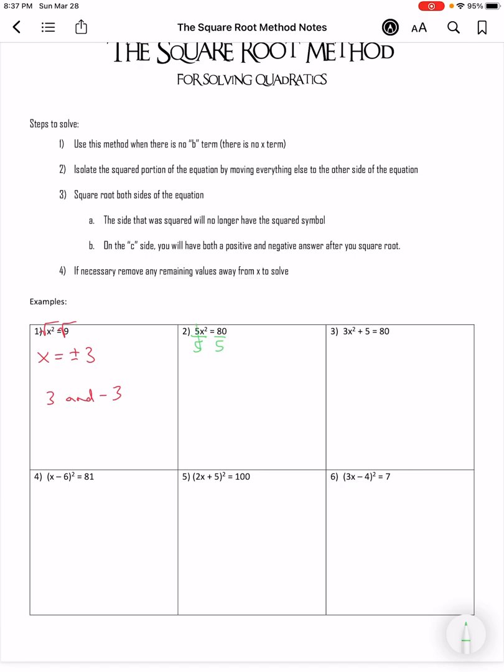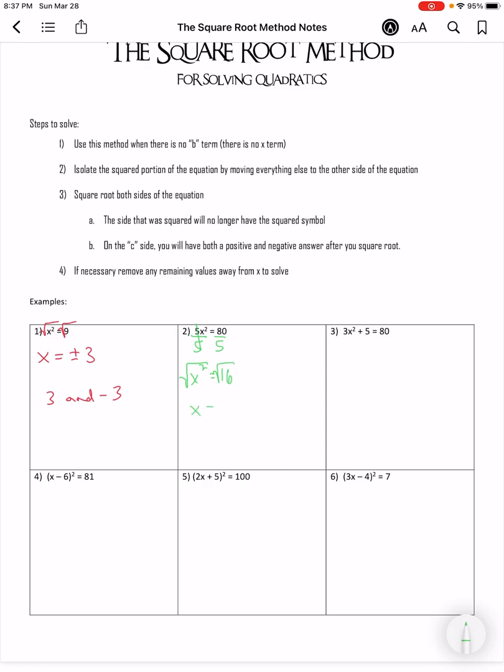5 divided by 5 is 1, or simply x squared. And then 80 divided by 5 is 16. Again, now I've got the value that is squared all by itself, and so I need to put a square root on both sides of my equation.